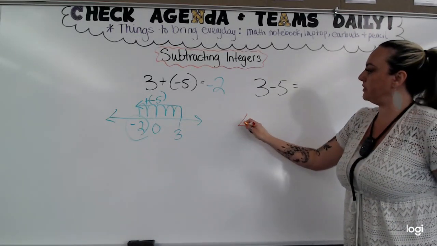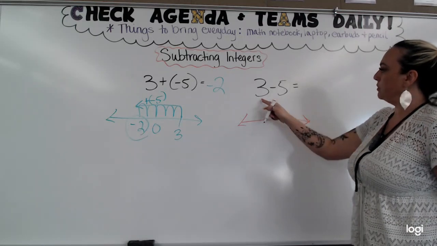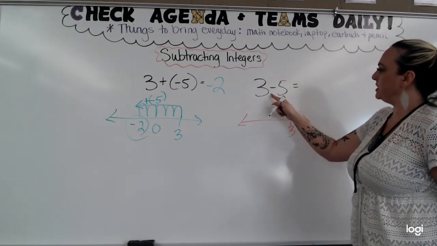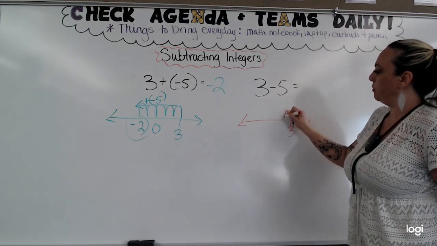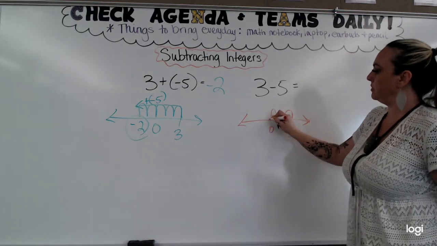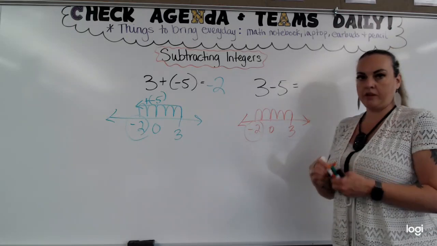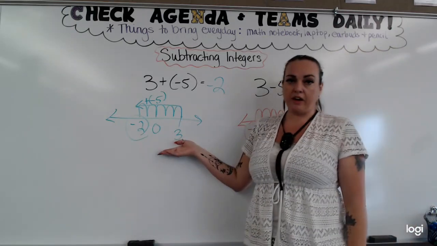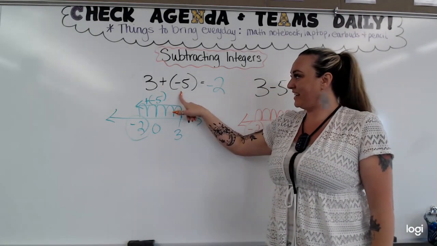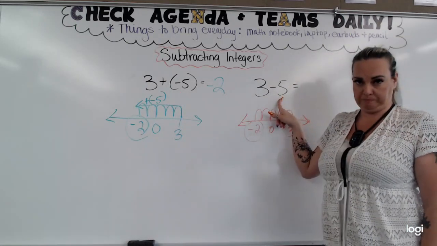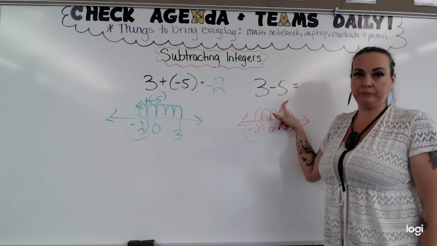Let's do the same thing on a number line. We start at 3. We subtract 5. 1, 2, 3 puts us at 0. 4, 5 puts us at negative 2. These have the same value because when we add a negative, we are subtracting a positive.